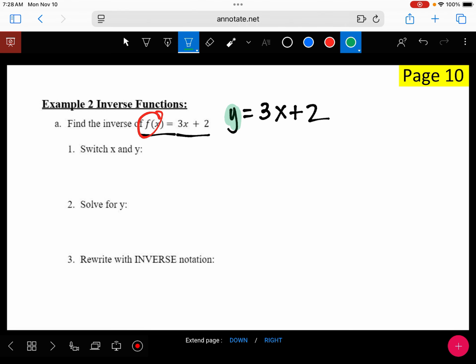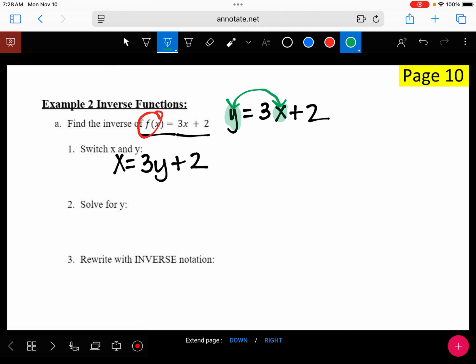So I'm going to switch these two, which means it will change to x equals 3y plus 2. So all I did was take these two letters and switch them, the two variables. Nothing else switched except for the x and the y.